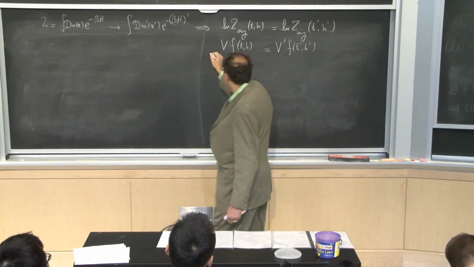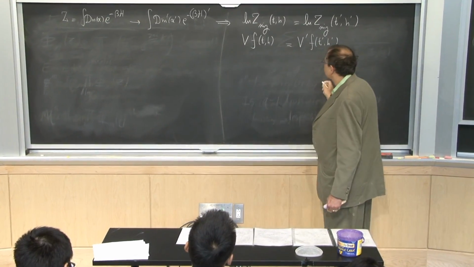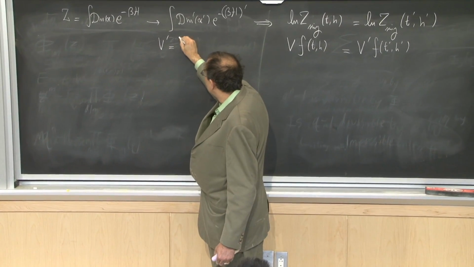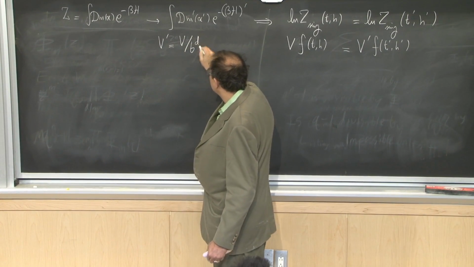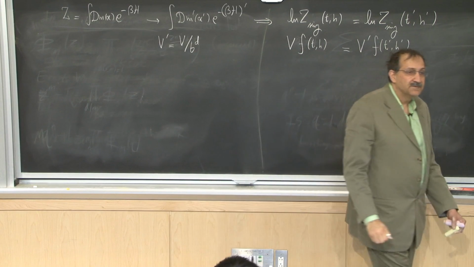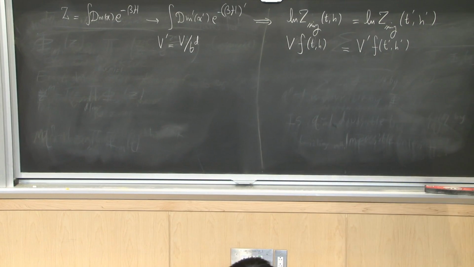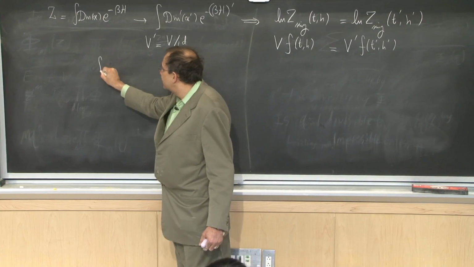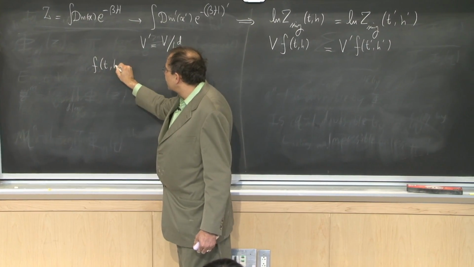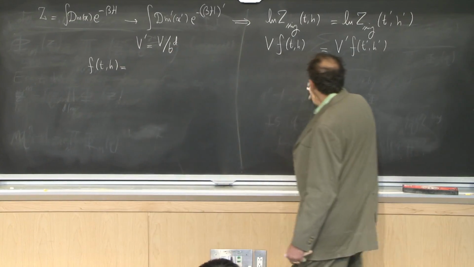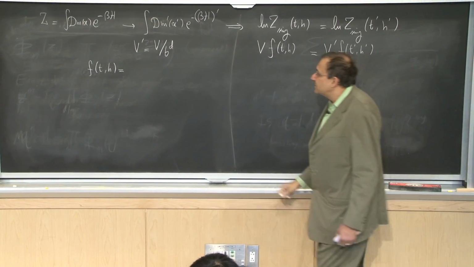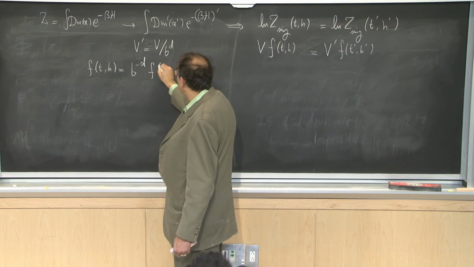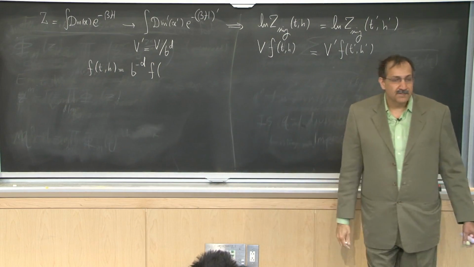So now let's go this way. Note that v prime is the original v divided by b to the d, the scaling factor. So you do the divisions here, and you find that f as a function of t and h is the ratio of v prime to v, which is b to the minus d, times f as a function of t prime and h prime.